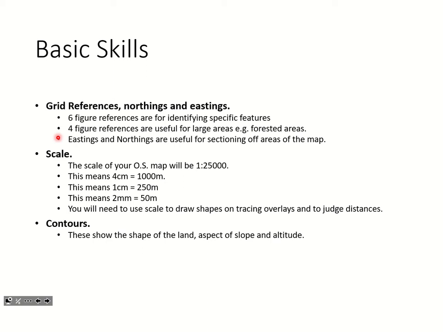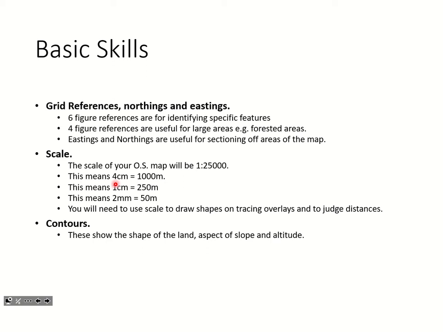The scale of your map is at the current time a 1 to 25,000 map. This means, and you want to take notes here, the scale can be calculated in a number of different ways. Different teachers and different pupils all have differing methods of doing this, but what I've written on the screen here simplifies this if you are not confident at the mathematics of working out scales.